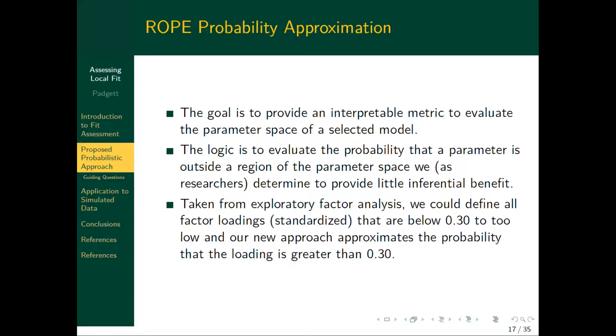And so we do this pretty commonly in exploratory factor analysis, where we look at factor loadings and say, if it's below 0.3, it's probably not very informative of that factor, and so we say an item with that low of a loading isn't important, and we basically move it to 0. And so what the probability approximation is, we try to figure out what's the probability that that doesn't occur. So what's the probability that it is greater than 0.3? Or what's the probability that we do care about the magnitude of that parameter?